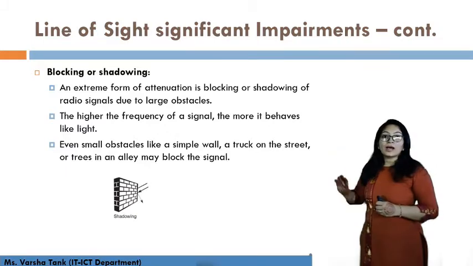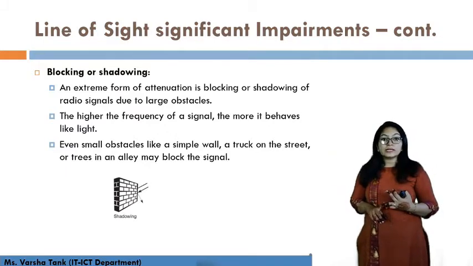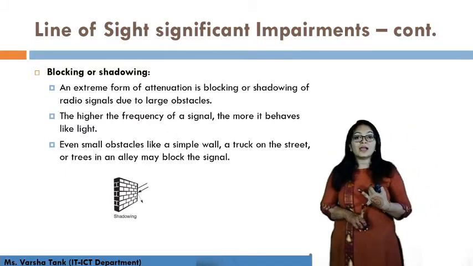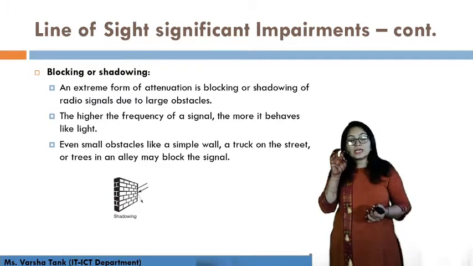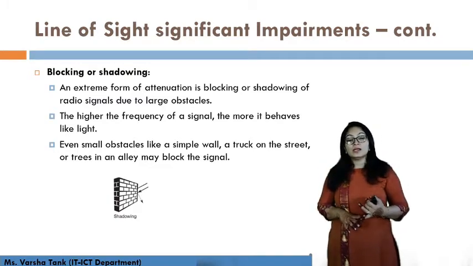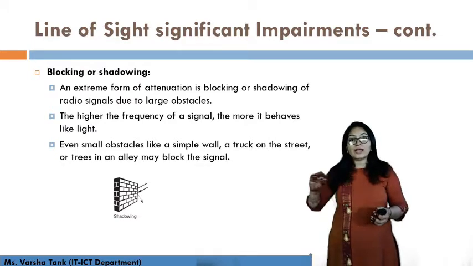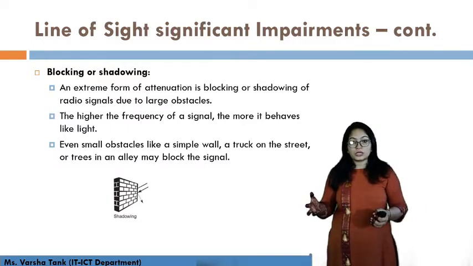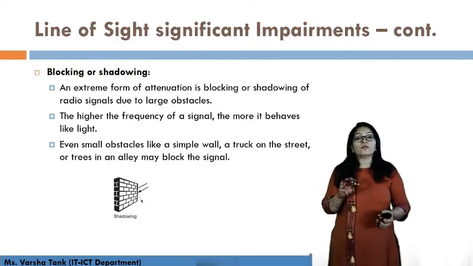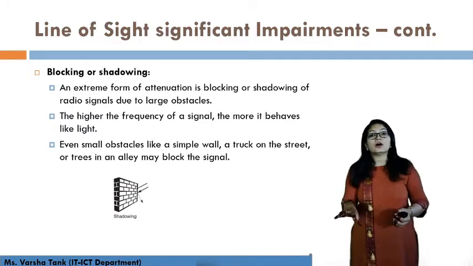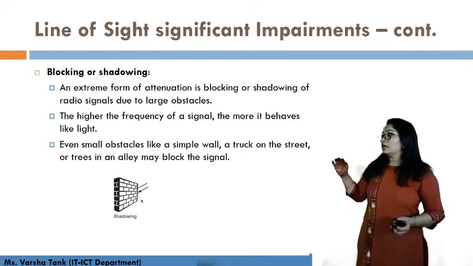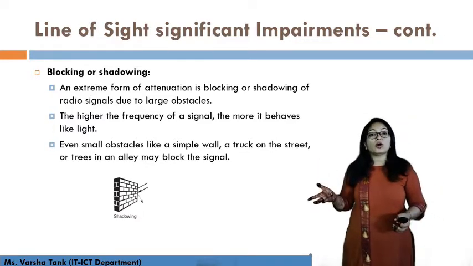The higher the frequency of the signal, the more it behaves like light. Light travels in a straight line, so if the frequency is high, the signal will follow a straight path, and if there is an obstacle in that path, blocking or shadowing may happen.